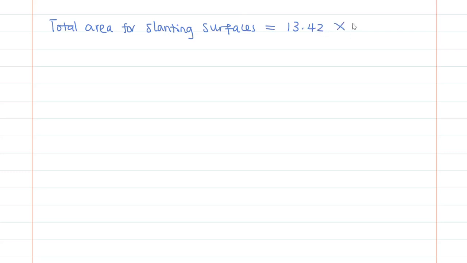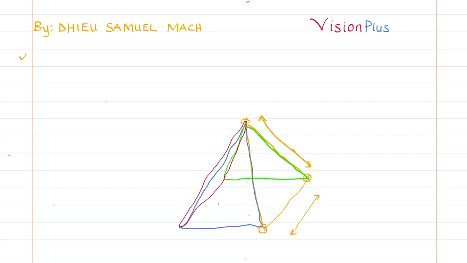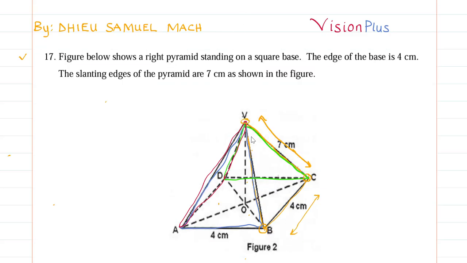So total area for slanting surfaces becomes 13.42 times 4, because there are 4 slanting surfaces, as I told you before, V, B, C, and the others.